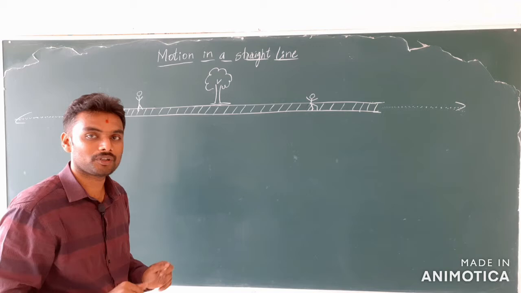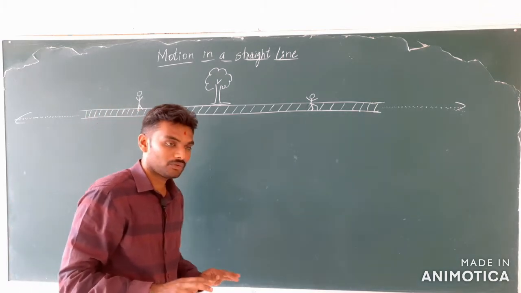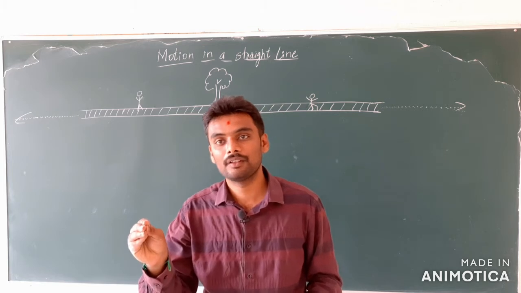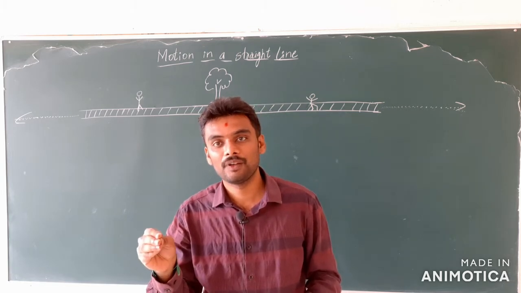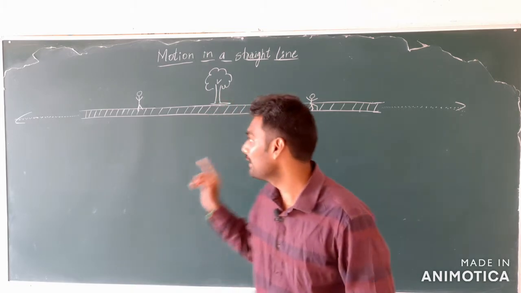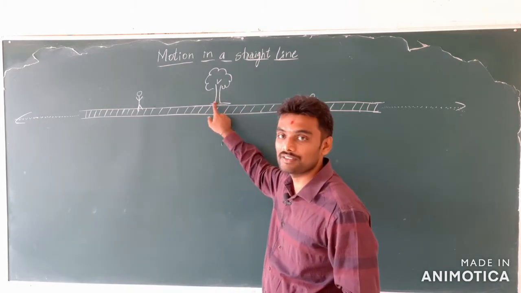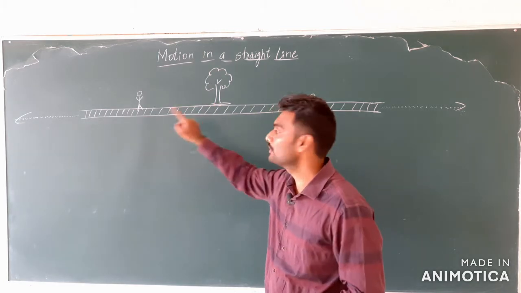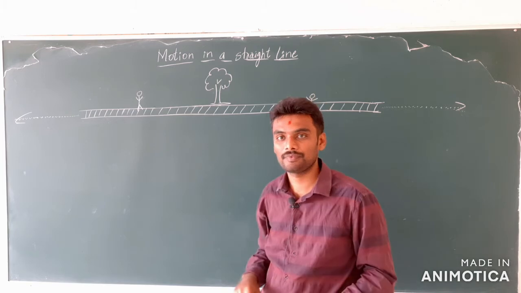That is how you respond. So what comes to mind is, whenever we locate a certain object, we always make use of a reference. In this example, the tree is the reference, and we are locating the position of the person.